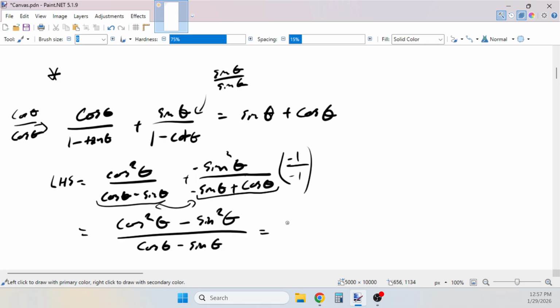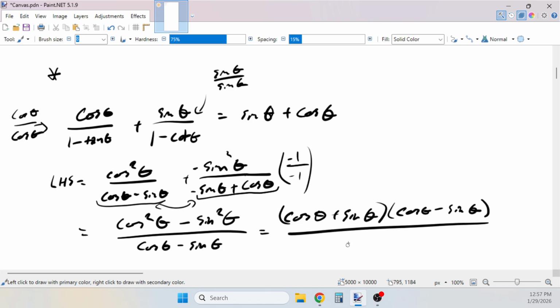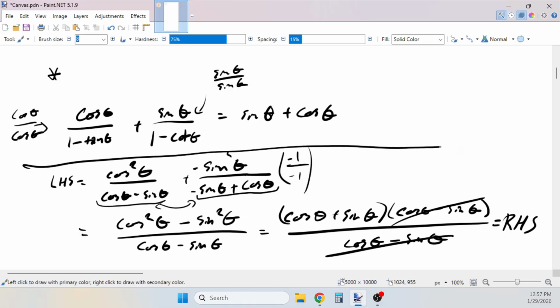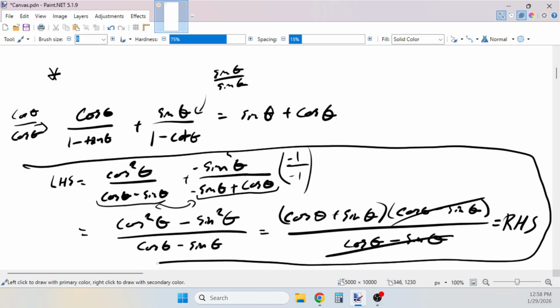The top is a difference of squares, so it factors as cosine theta plus sine theta times cosine theta minus sine theta. On the bottom we have cosine theta minus sine theta. Those cancel. That leaves us with the right-hand side. So this is a complete solution to the problem.